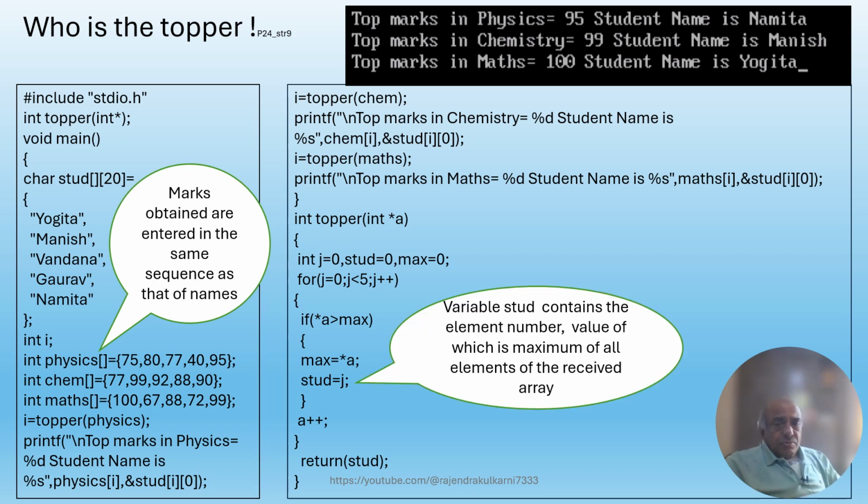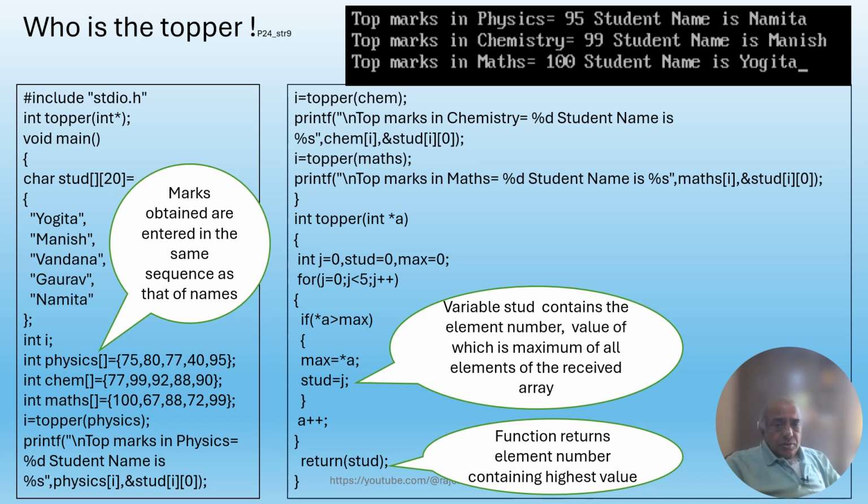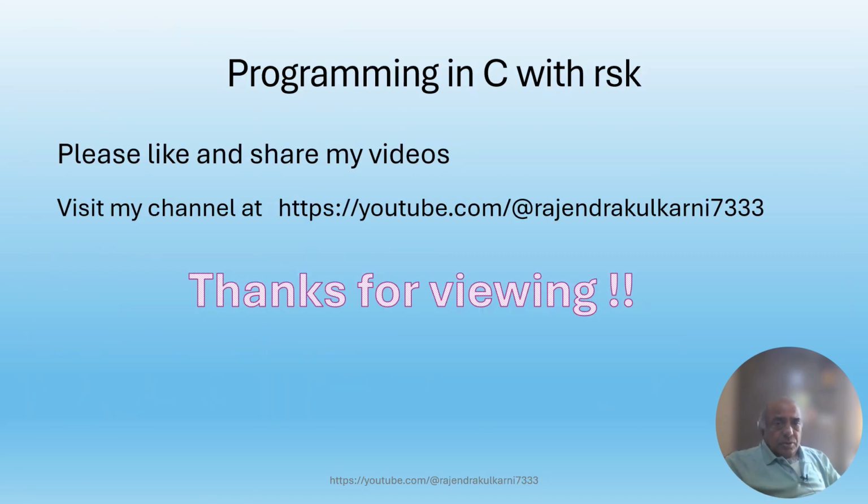So this is how we go about using a 2D array of characters or 2D array of strings while using those arrays in our program. So this is what we have learnt about 2D array of strings.